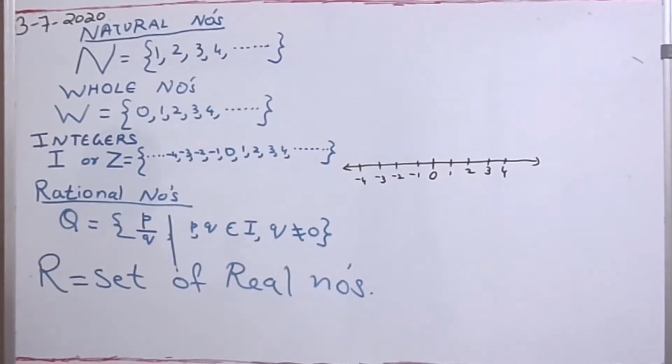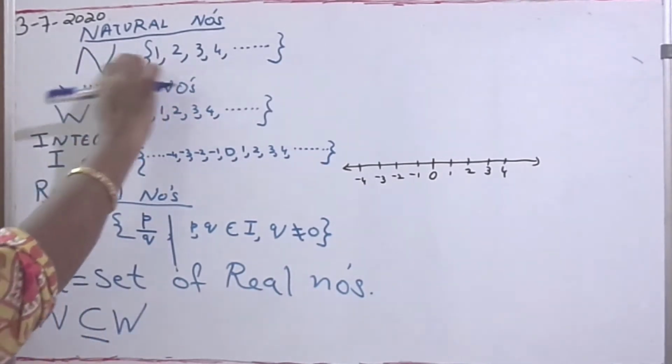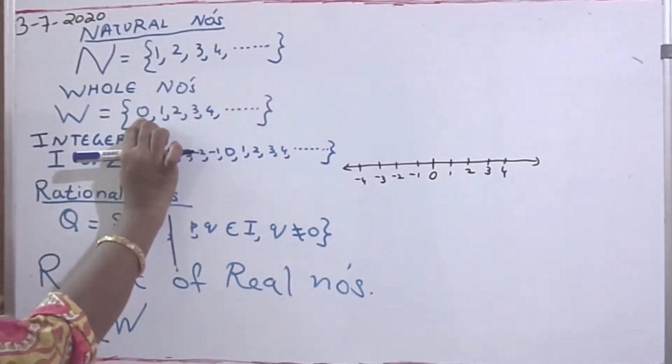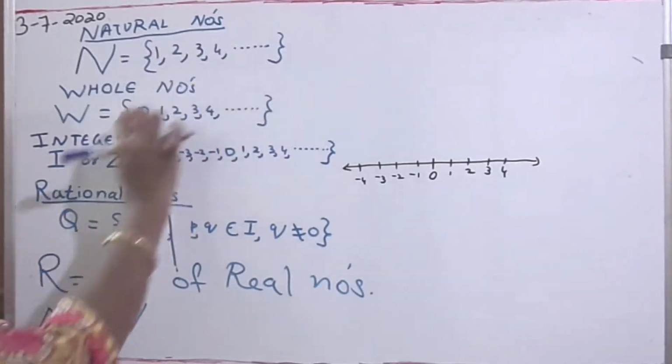If you have buckets in your bathroom, how do you keep them, one inside the other? Isn't it? The biggest one comes down and the other ones go inside it, till the smallest bucket. Same way, this is the biggest bucket you can see, the biggest universal set of all numbers. All other number systems are subsets of this. So you can say natural numbers are a subset of whole numbers, isn't it? Because all numbers are there, one extra number is there in whole numbers. So this is fully contained in this.